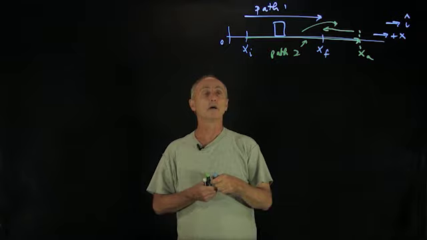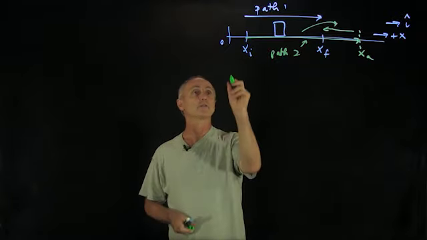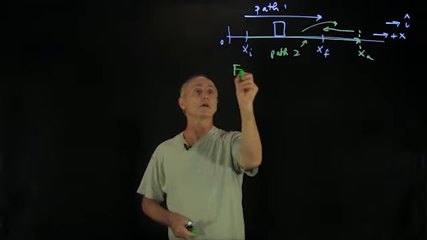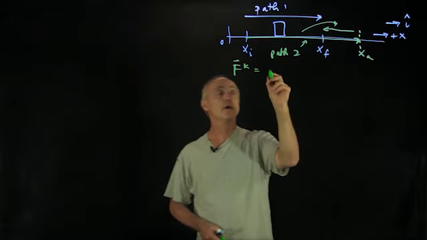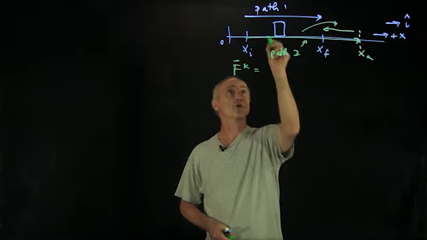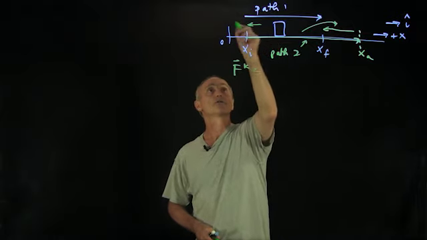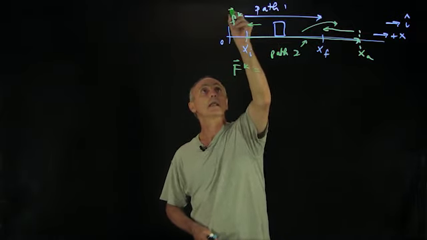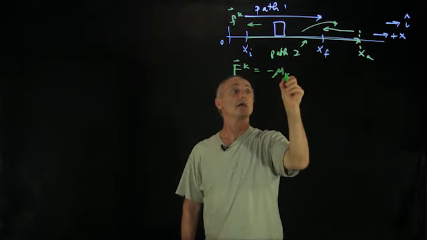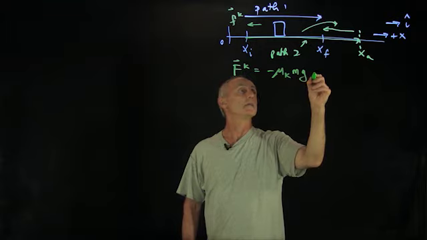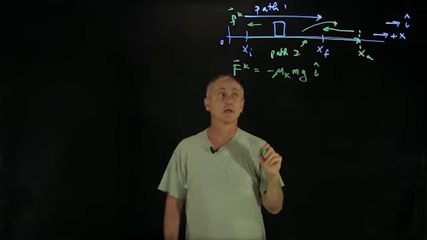So for path 1, we'll begin by calculating. Our force here is the kinetic friction force. And the kinetic friction force, remember, is, in this case, it's going to oppose the motion. So we have force kinetic for path 1, and that is minus mu k mg in the I hat direction.